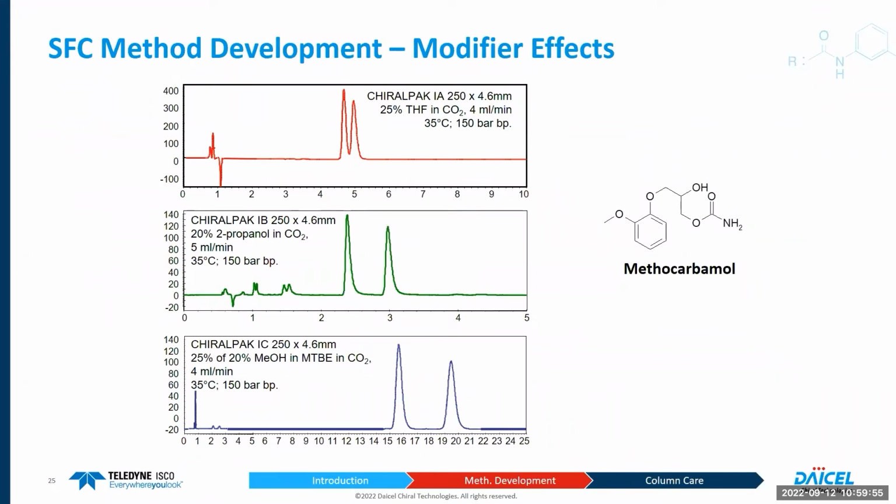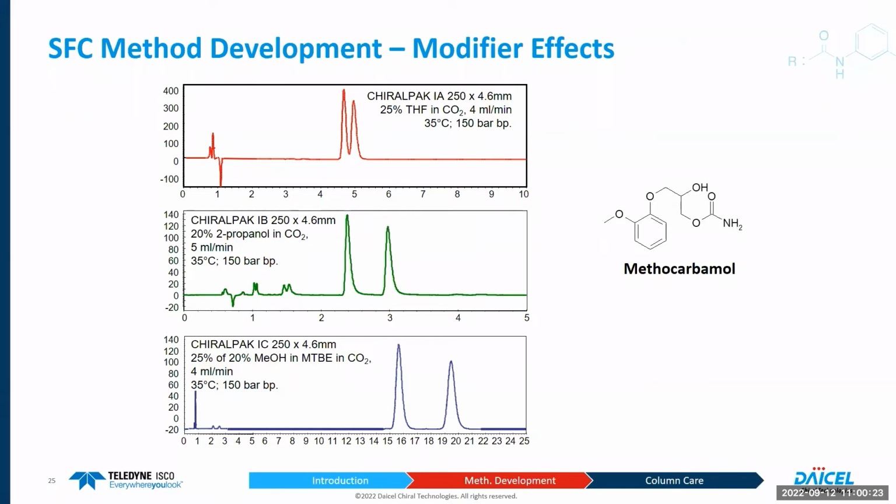Here's just a very basic SFC output from screening for methocarbamol, where you've got a couple of different mobile phases that separate it fairly well. At the top here, you've got Chiralpak IA with 25% THF. In the middle, Chiralpak IB with 20% isopropanol. And at the bottom here, Chiralpak IC with that mixture of methyl tertiary butyl ether with methanol at 25%.